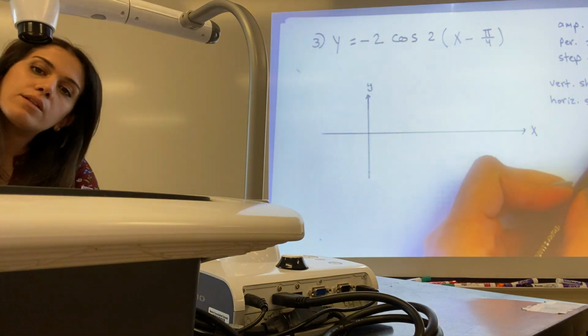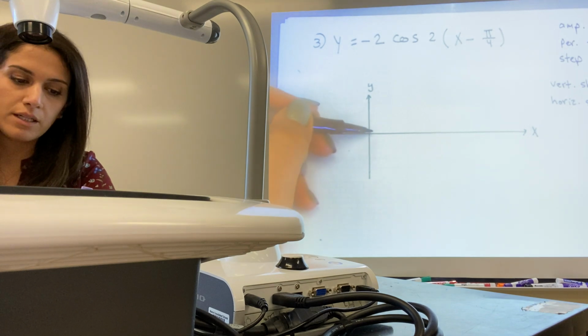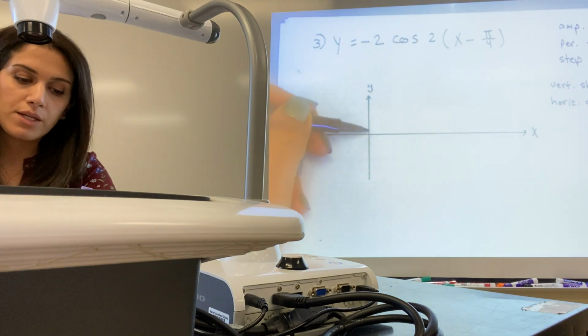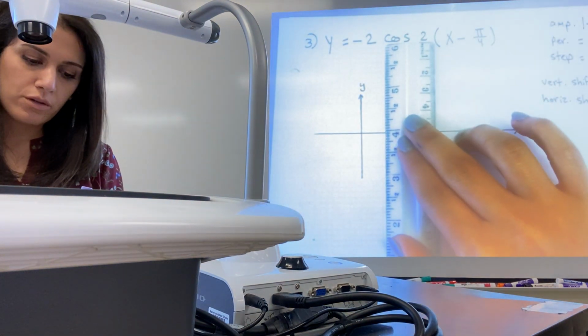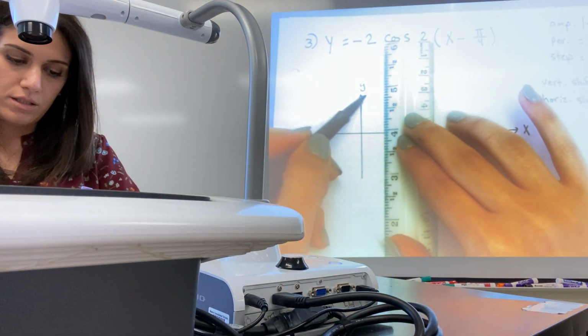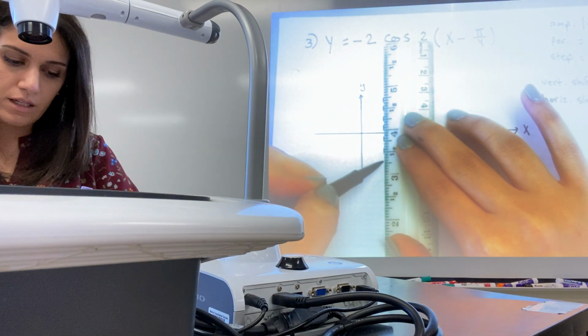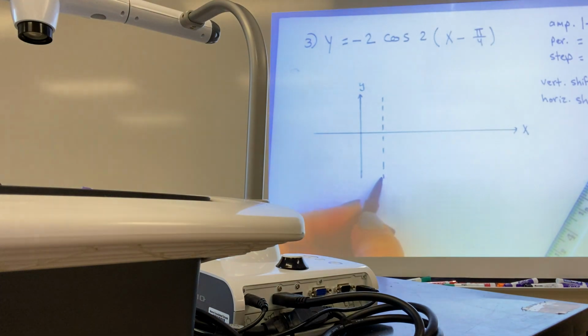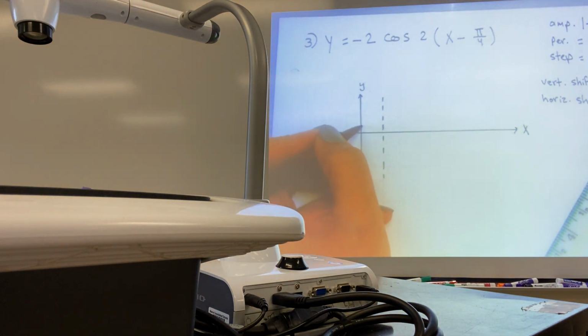And because we said there will be a shift to the right, I will create a new y-axis that is shifted to the right by pi over 4. And it will look like this. This is the new y-axis that I'm going to use. The amplitude is 2, so the graph will be between 2 and negative 2.